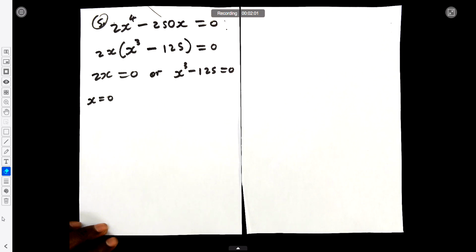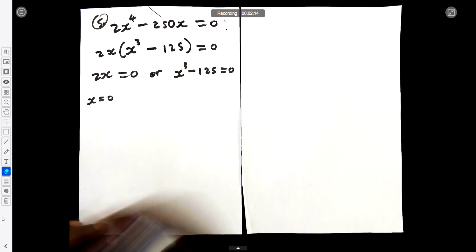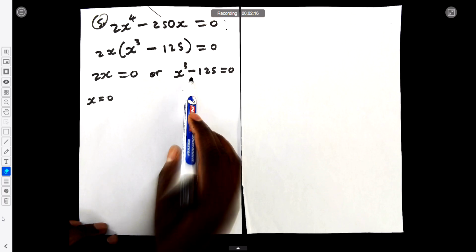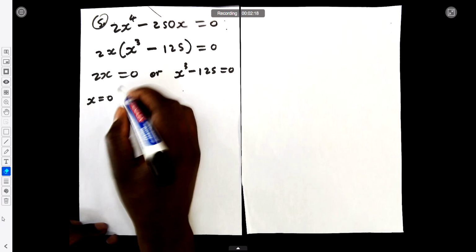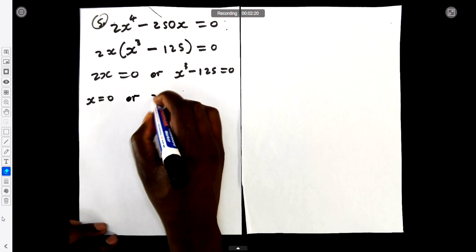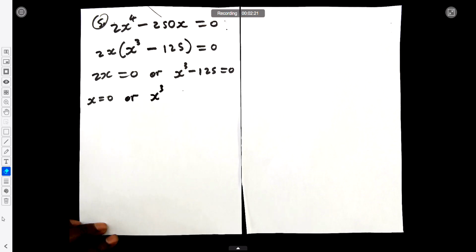Now the second part, we need to solve the difference between two cubes. So we need to factorize the difference between two cubes. I hope you see here, when we say difference, we have subtraction. So we need to express our equation there as two cubes.